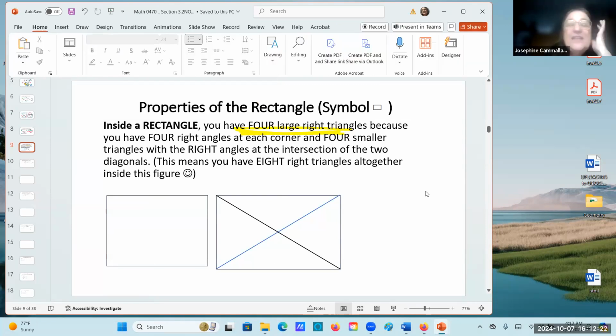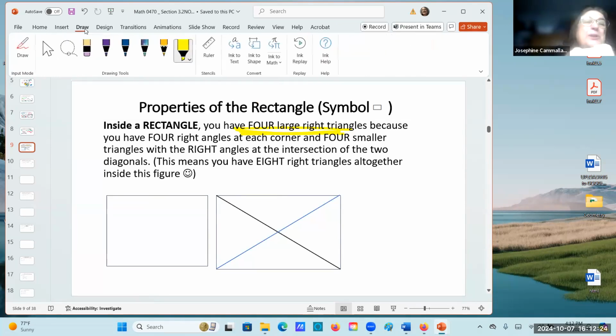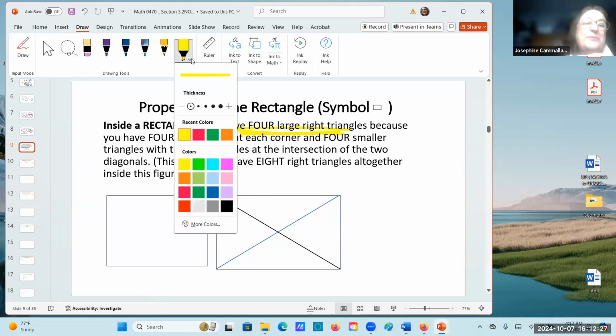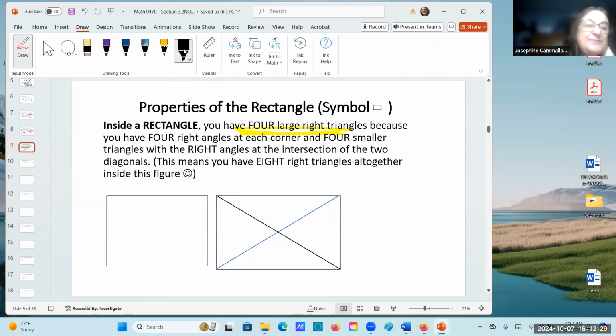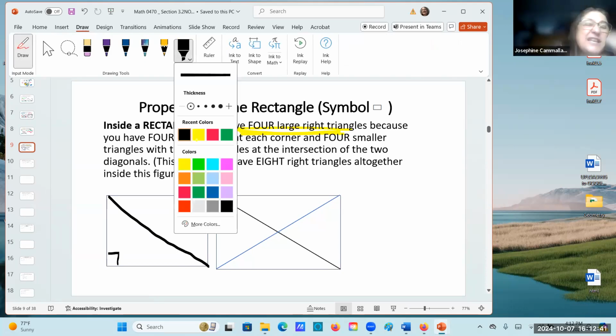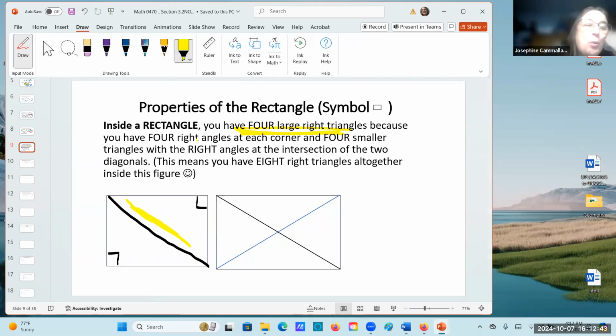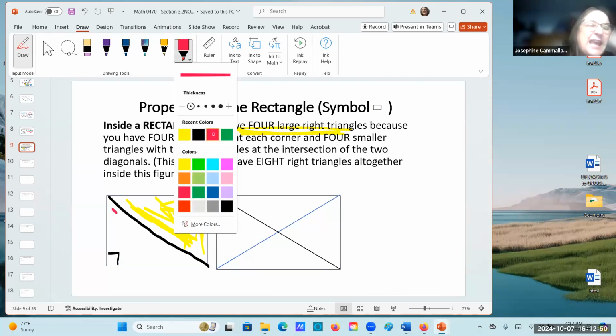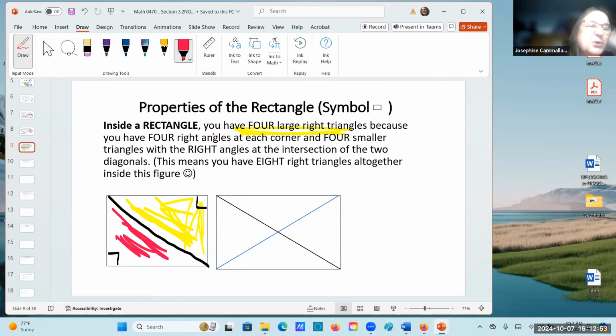This is the part that people don't truly understand. Here's my black diagonal. Now, right here, this is going to give me one large right triangle. I also have a second right triangle here.